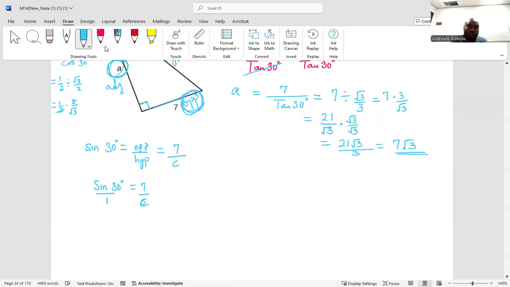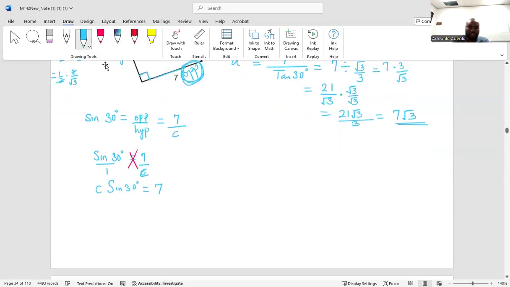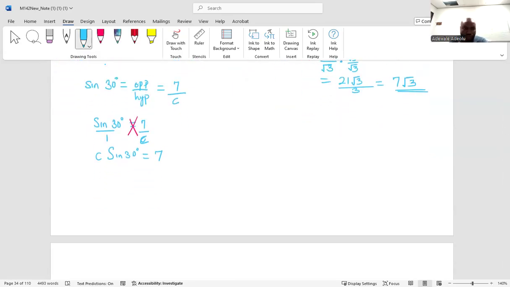We can say this is over 1, and we can cross multiply. And then we have C times sine 30 degrees equals 7 times 1, which is 7. And then we can divide both sides by sine 30 degrees.